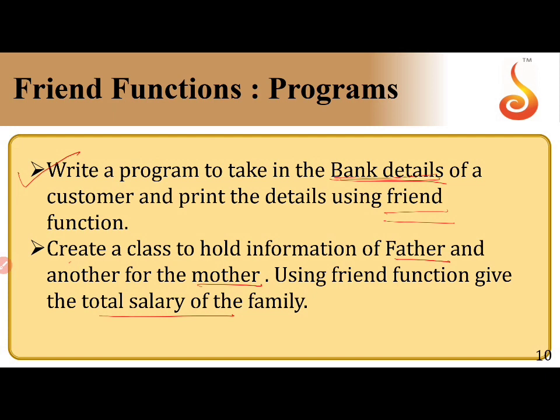Here you have two classes and you will have one friend function which is a friend to both the classes, so that using that same function you will be able to access the data of both the classes. And here it should be noted that the class father and the class mother are not related to each other in any way. Fine. So we'll start with the program.